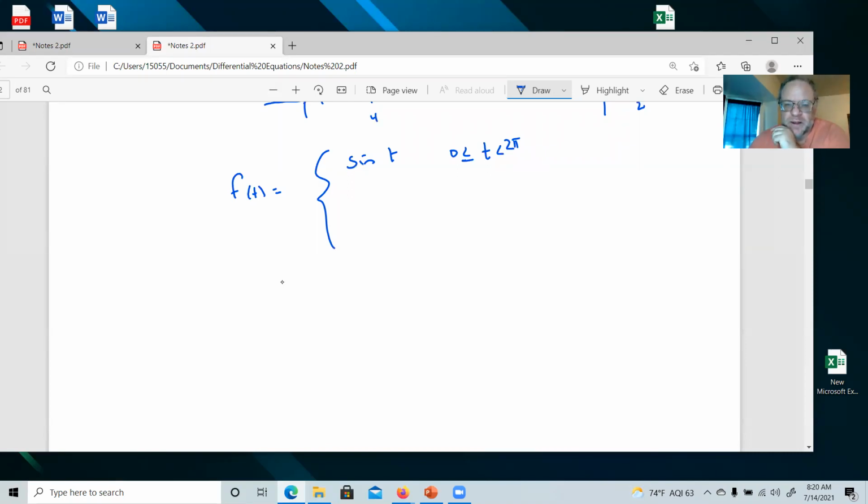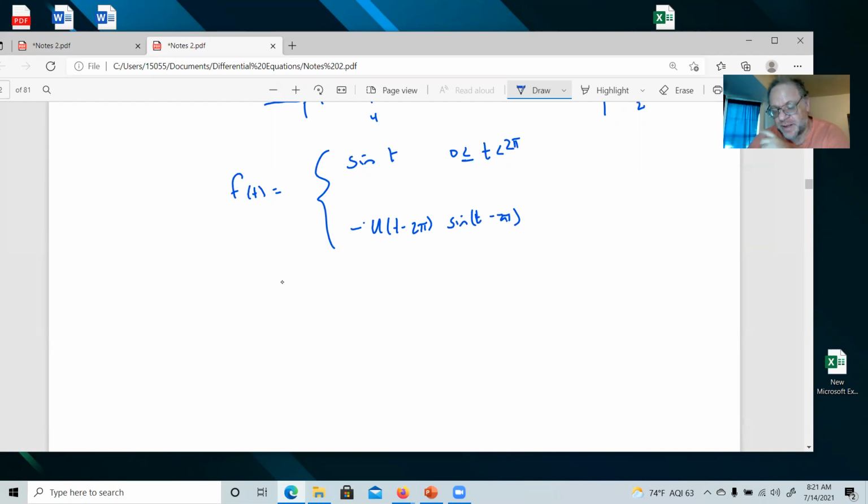And then say I wanted to get rid of it, I only wanted one cycle of the sine and then nothing else ever again. So we'd have a minus u of t minus 2 pi times sine of t minus 2 pi.